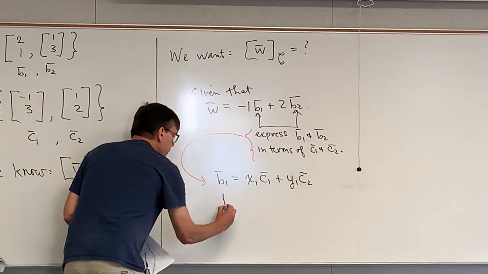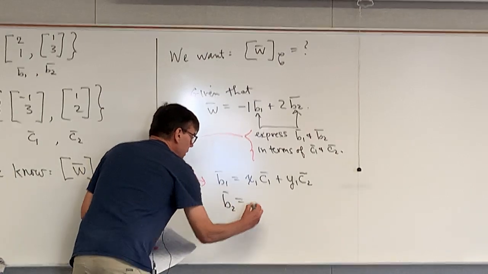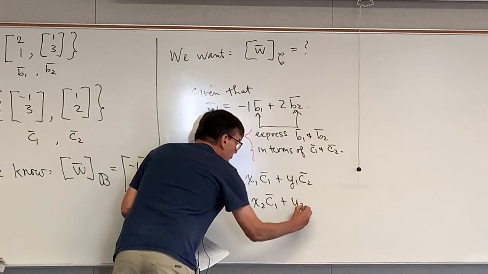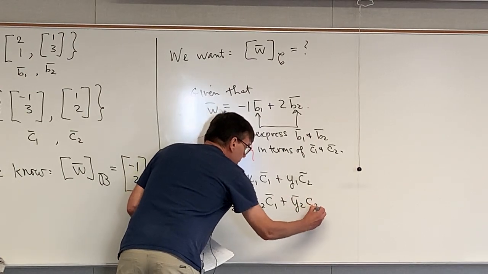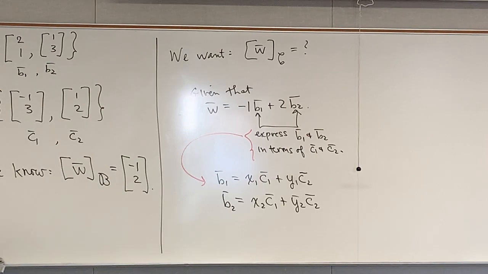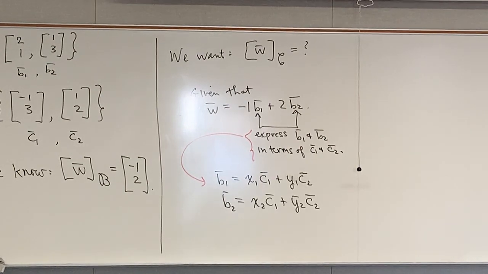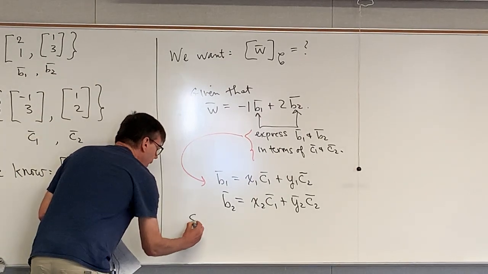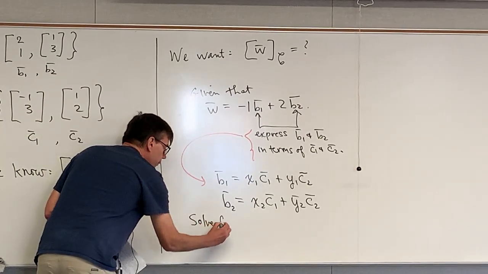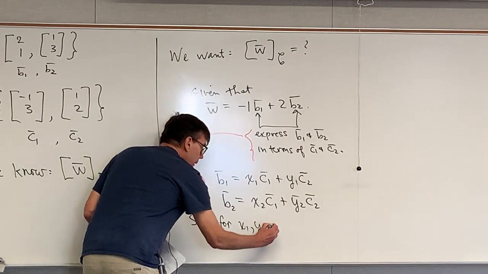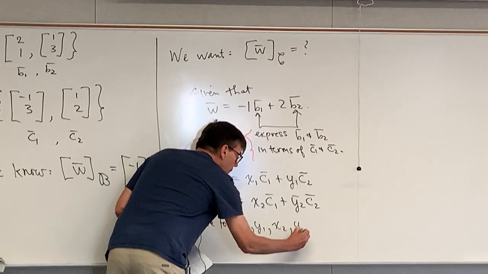And B2 is equal to x2 C1 plus y2 C2. You won't have to come up with these x1, y1, x2. I know it's a little confusing looking at it this way. We want to solve for x1, y1, x2, y2.